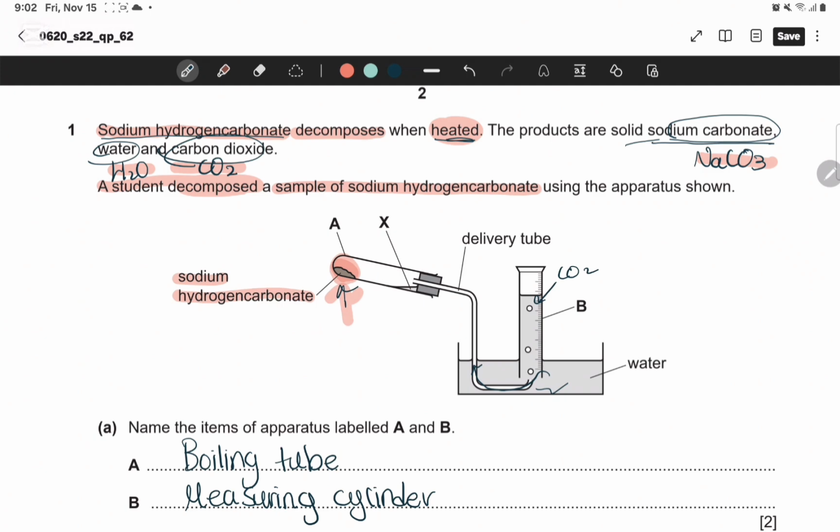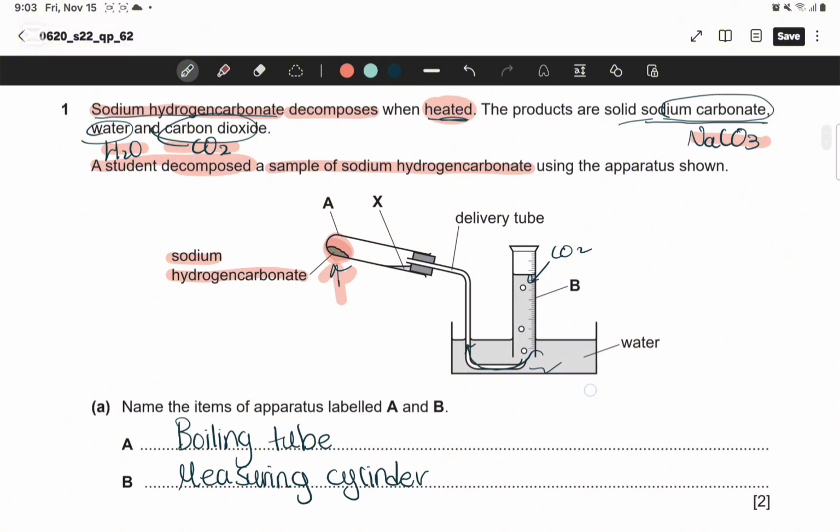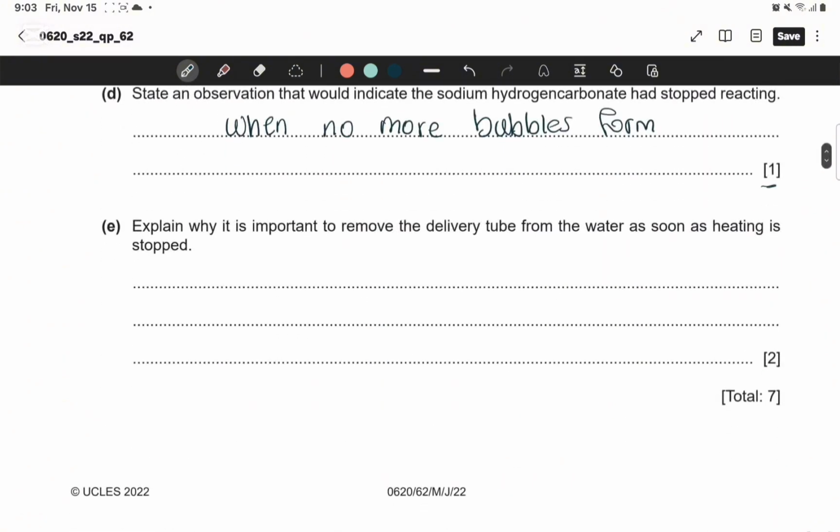Now there are multiple answers. I'll tell you, in the marking scheme it says so that the boiling tube doesn't break, and so that the water doesn't go back into the tube. So since it's 2 marks, we're going to say 2 of those.